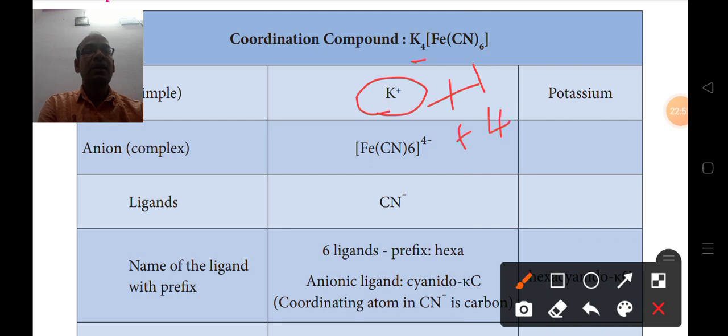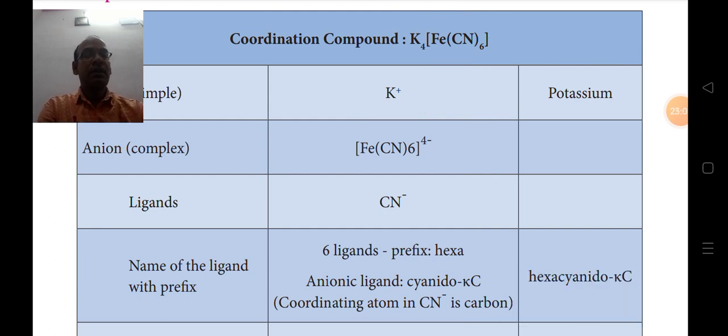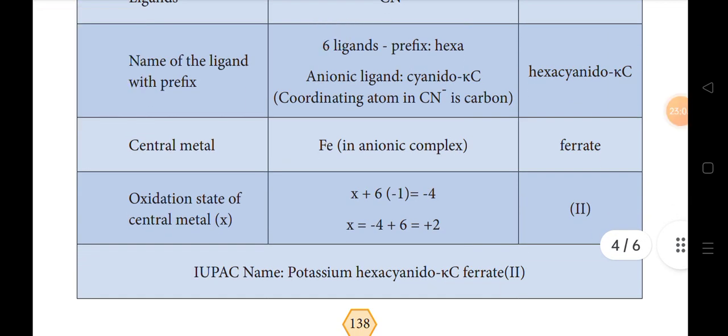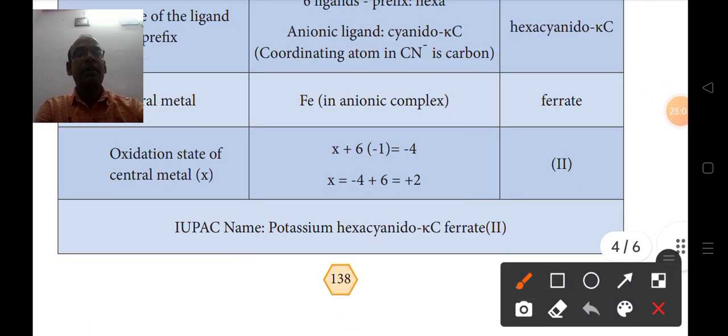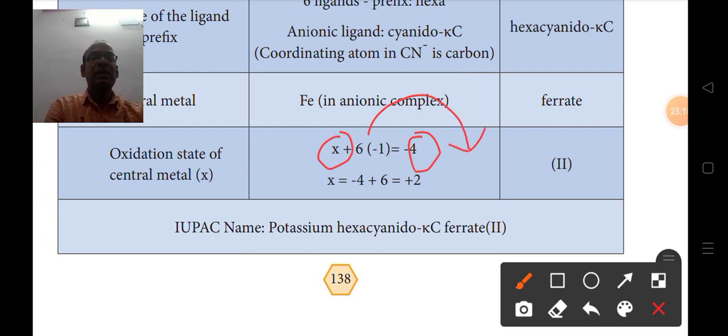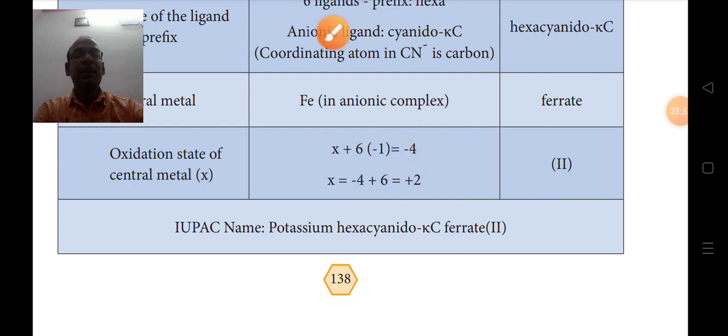For balancing, 4 minus comes, that is the net charge on the complex ion. To find X, the minus comes to the opposite side: plus 6 minus 4 equals plus 2, that is the oxidation number of the central metal ion, therefore in the form of a Roman numeral, 2. Therefore the complex name: potassium.